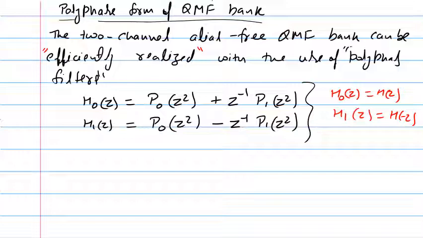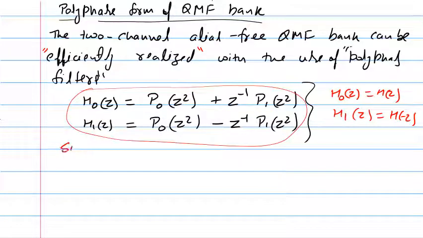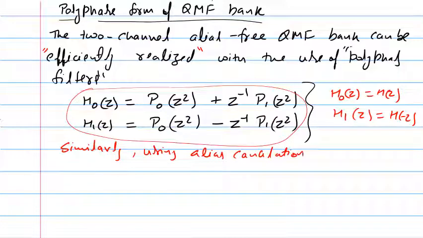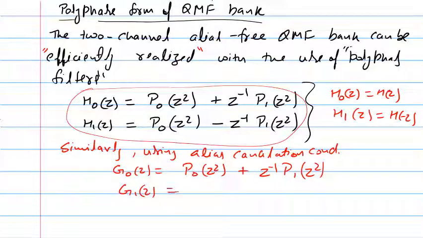So we are just replacing the filter at the synthesis by this polyphase filter structure, and similarly, using the alias cancellation condition, on the synthesis side you can write G0(z) is equal to P0(z²) + z⁻¹P1(z²), and G1(z) is equal to −P0(z²) + z⁻¹P1(z²).